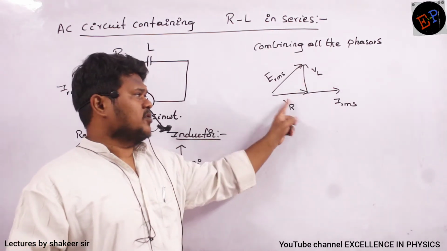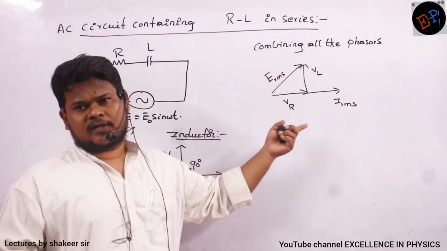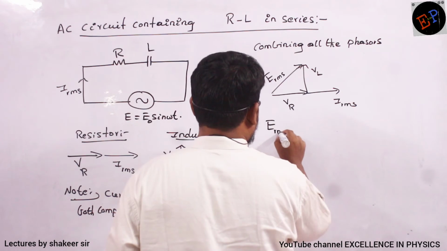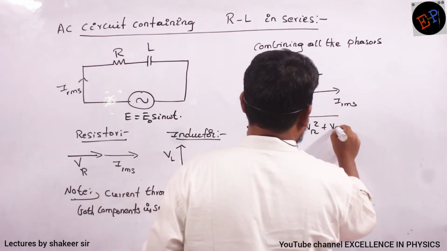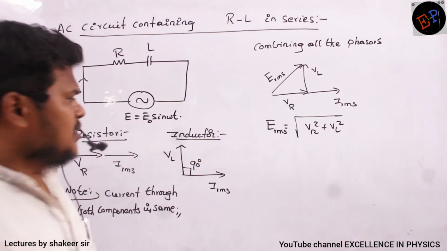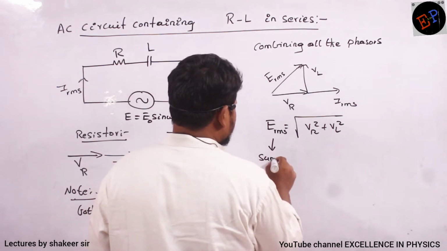Both the vectors are joined head to tail. Resultant should be head to head and tail to tail. Triangle rule of addition. So therefore, ERMS, how can I write? ERMS is equal to square root of VR square plus VL square. I can write like this. Is it clear?